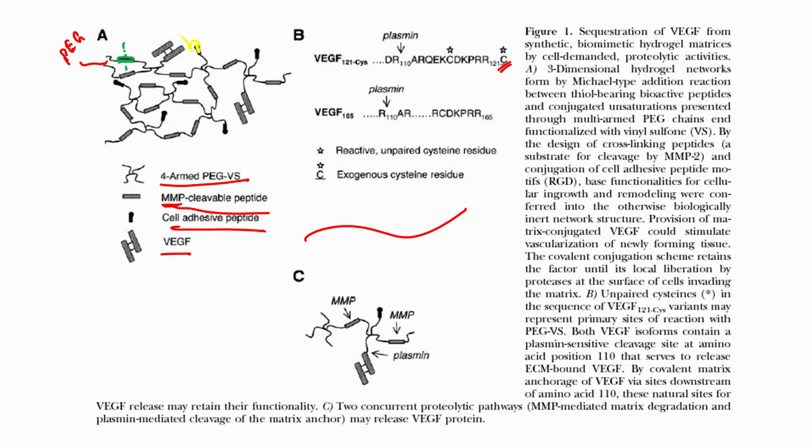So, the cells can actually bind to it. And then finally, this right here is the VEGF which the cells can come and interact with, as well as the VEGF can release over time as more and more of these bonds are cleaved and cause more cells to migrate in.